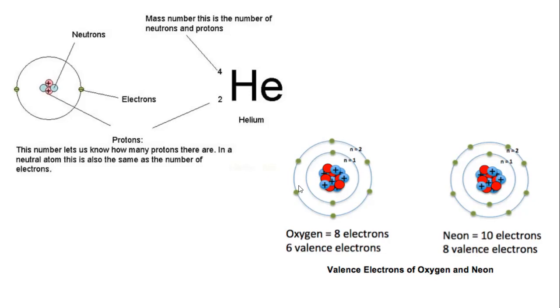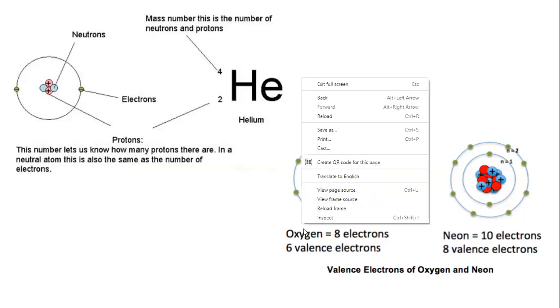The rest of the 6 electrons are present in its outermost shell, which is the second shell. However, the second shell has the capacity to contain 8 electrons. So 2 vacant spaces are still present in the outermost shell of oxygen.